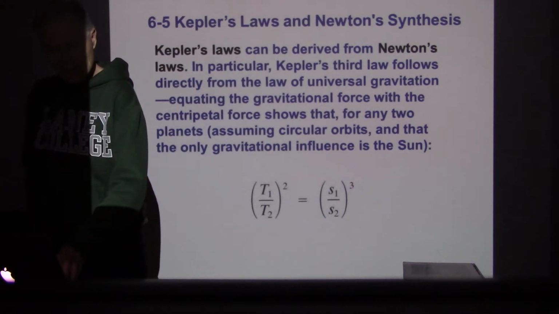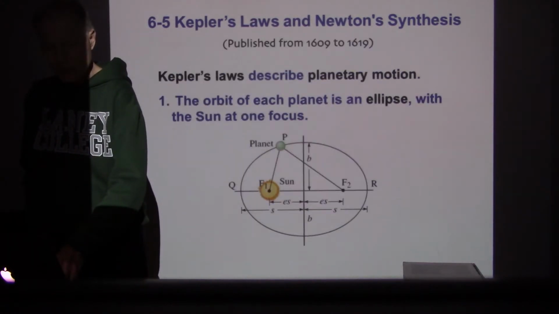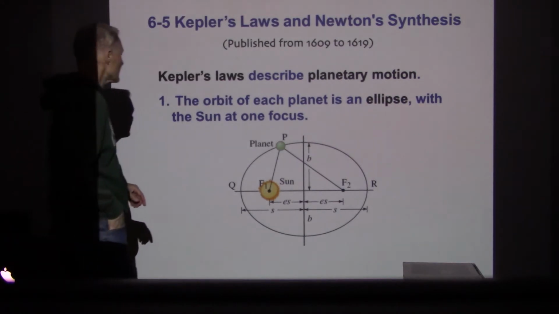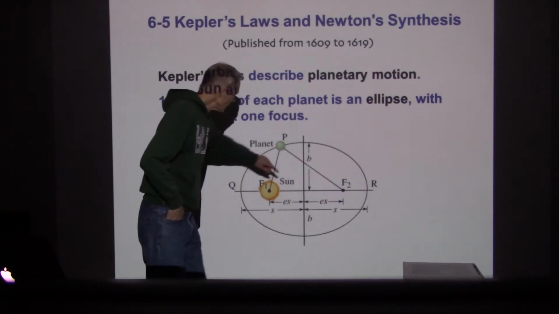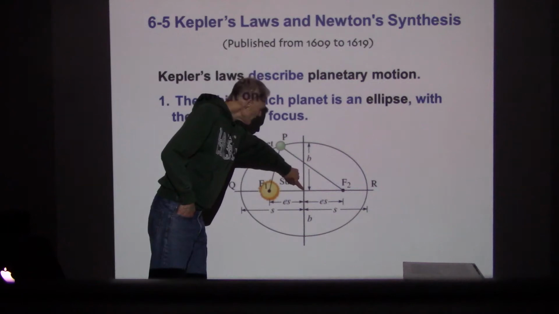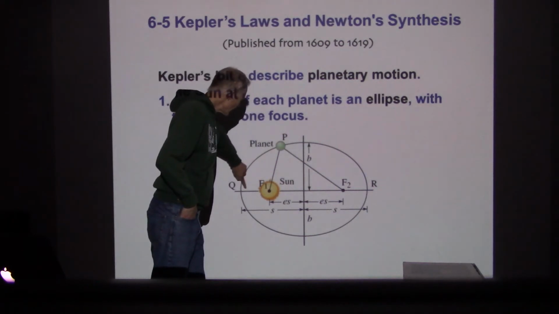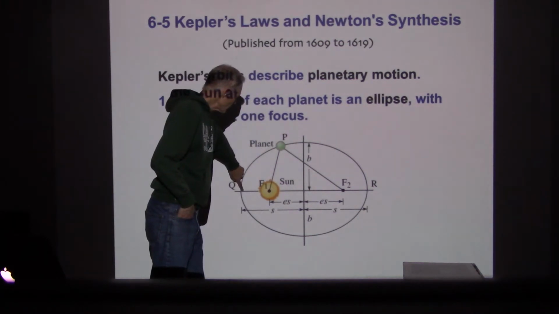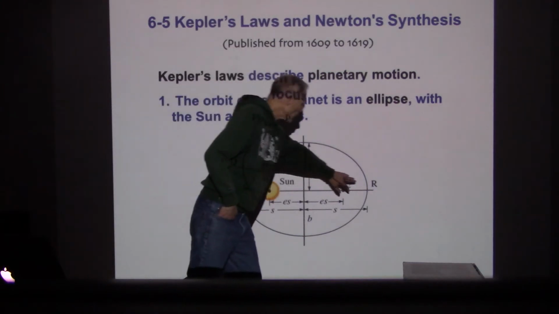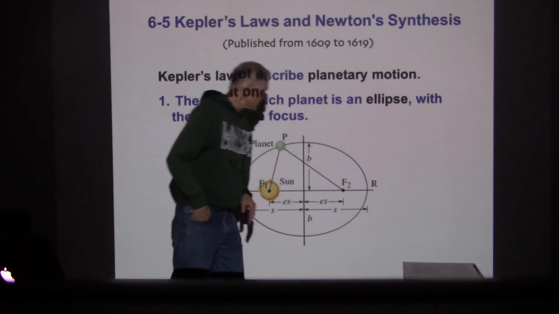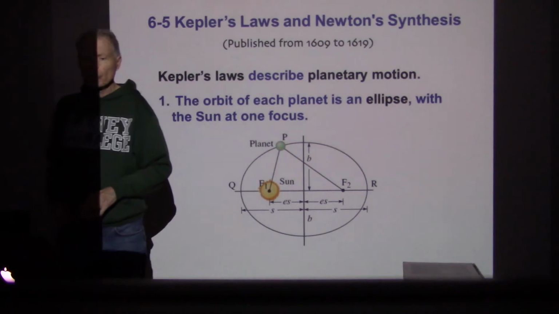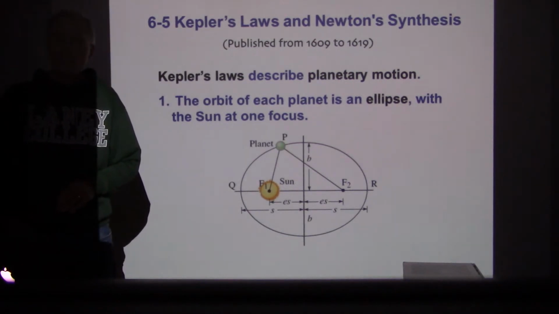Now these are not R's, these are S's, and the S's correspond to, well, here's the S. So the S is measured from the center of the ellipse out to one of these points, the longer axis, and the S stands for semi-major axis.